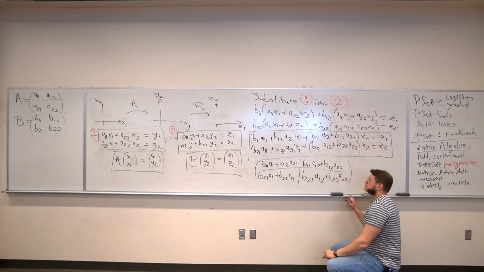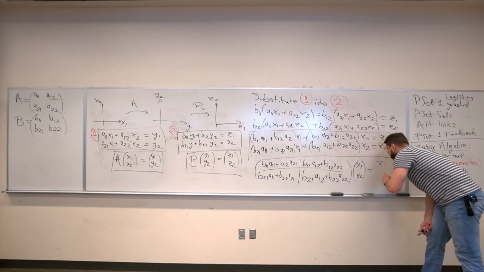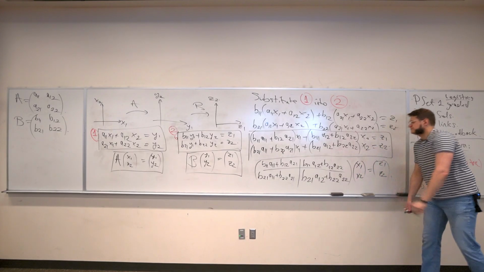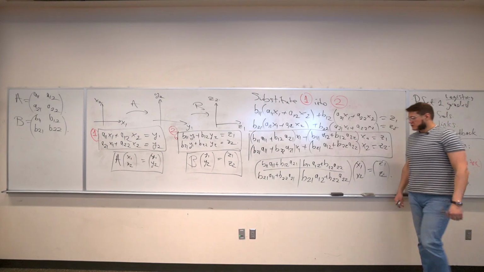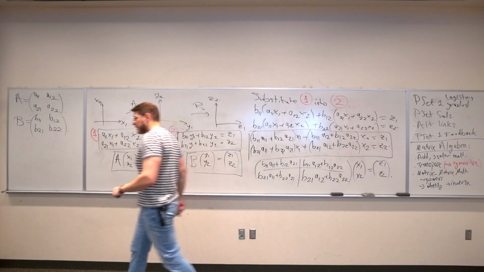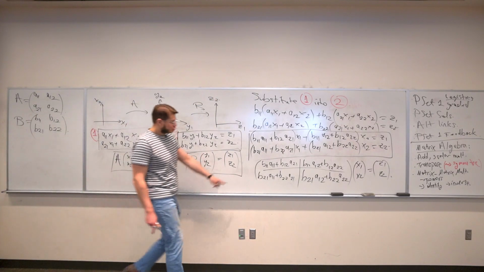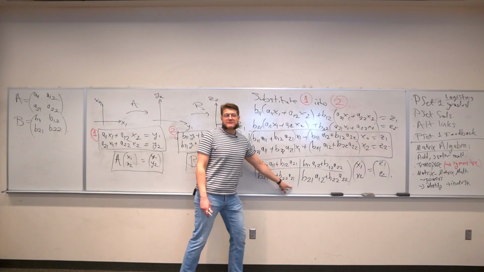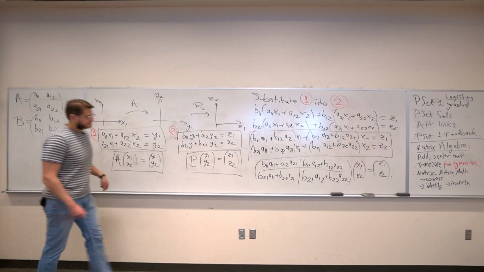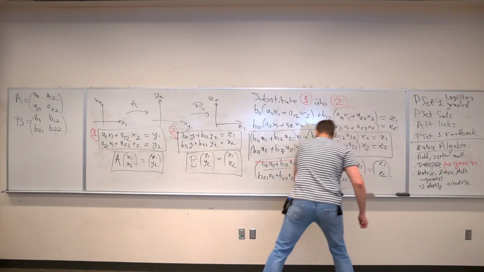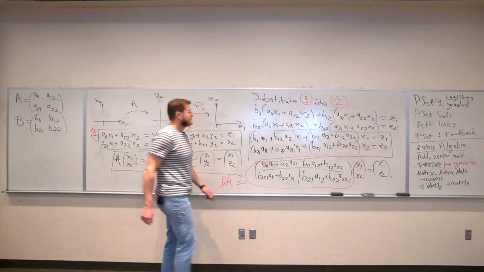That's the coefficient matrix. Here I need to put x1, x2. And here I need to put z1, z2. Okay? And so I define the matrix product, BA, to be this 2 by 2. This is defined as BA.